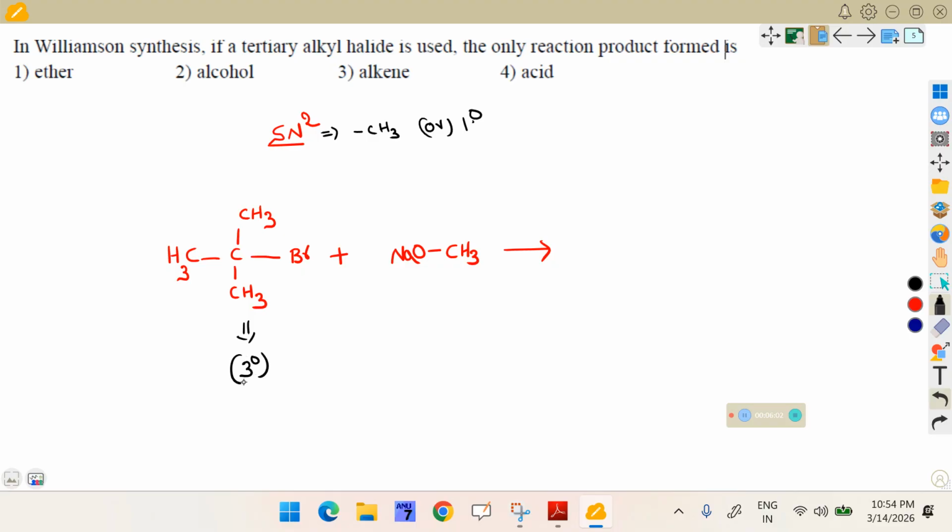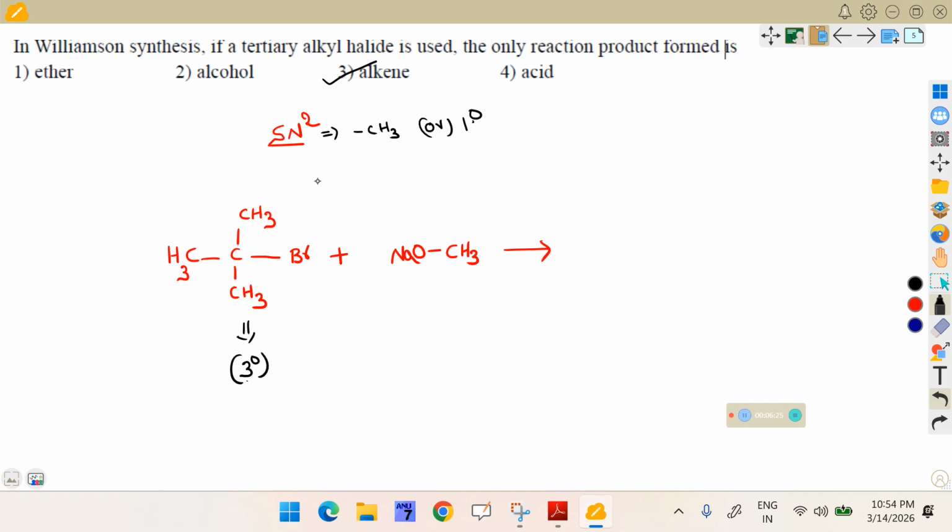The alkyl halide reacts with the sodium alkoxide, then it gives alkene as a product because elimination competes with nucleophilic substitution. This is due to steric hindrance.